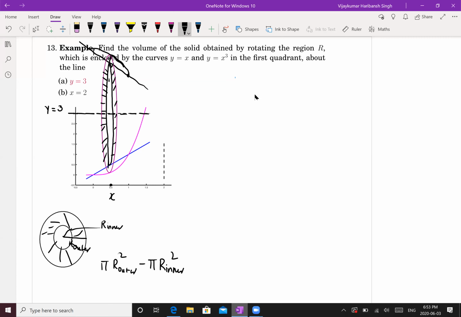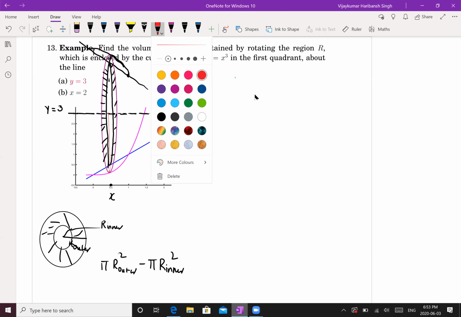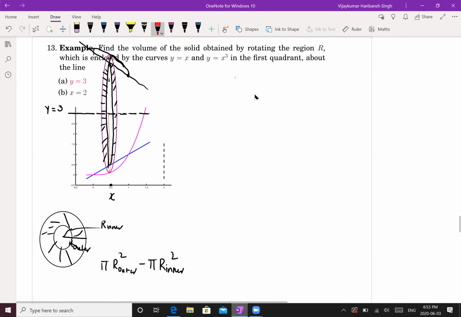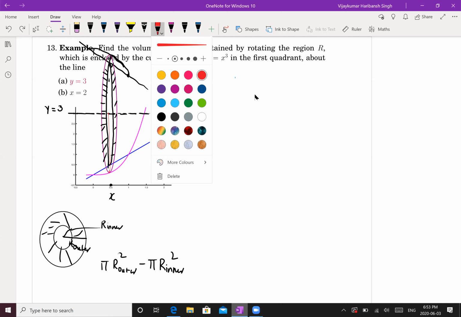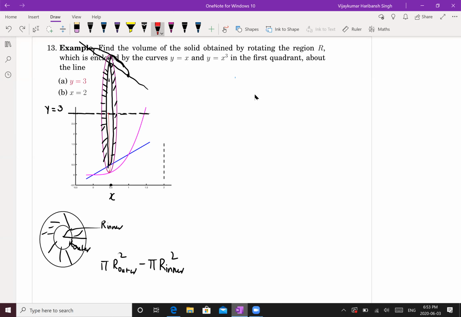So in this case, let's see. What is the radius of the outer circle? The outer circle radius is all the way from here to here, right? So this is my R outer, okay?